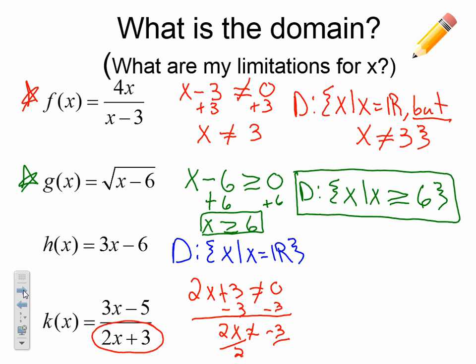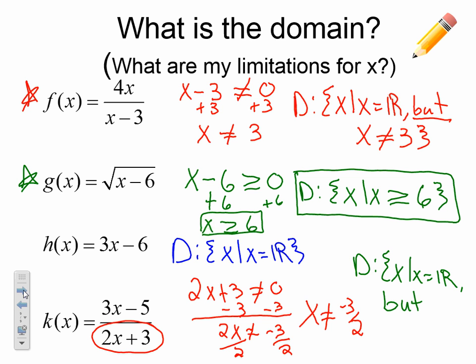Divide by 2. x cannot equal negative 3 halves. So when I rewrite my domain for this, the domain is x such that x equals all real numbers, but x cannot equal negative 3 halves.